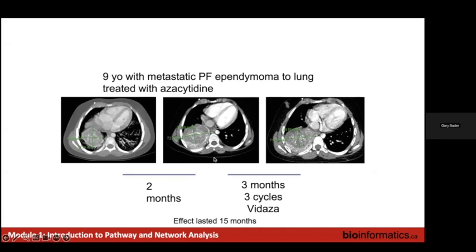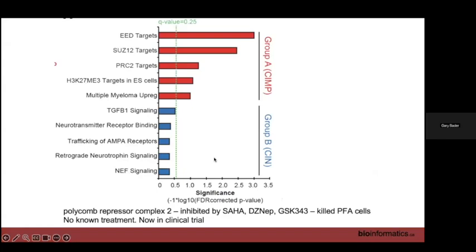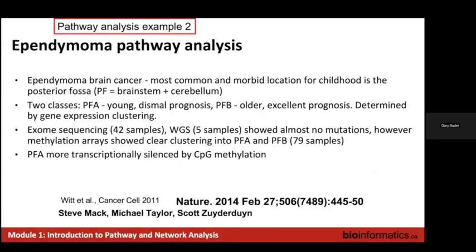So the nice big picture take-home message is that we were able to go from knowing nothing about the mechanism of this disease to a drug that had some interesting clinical effect in about 2 years. And there were a number of links in the chain to go from the raw data, all this data that we collected, to that.